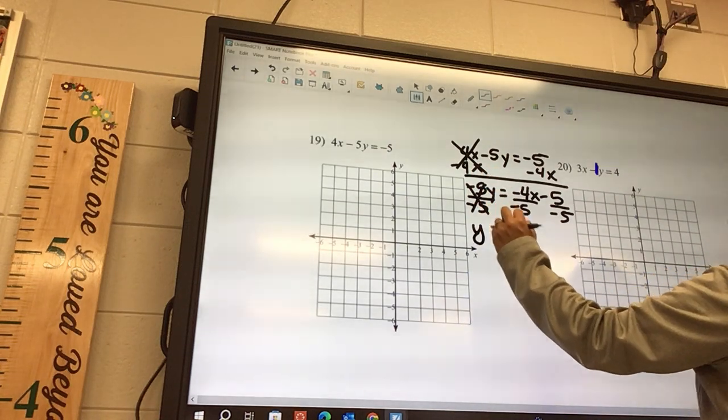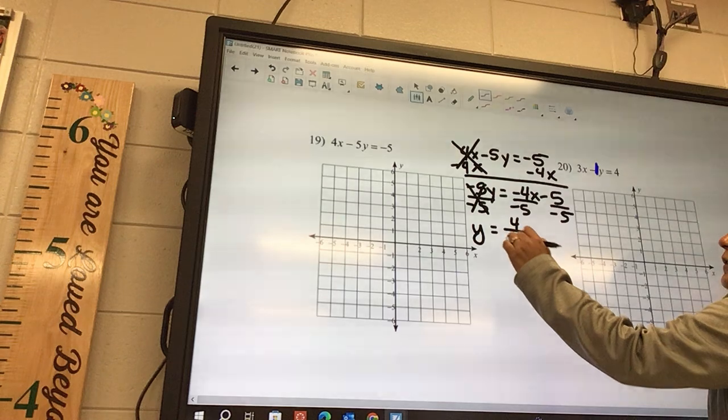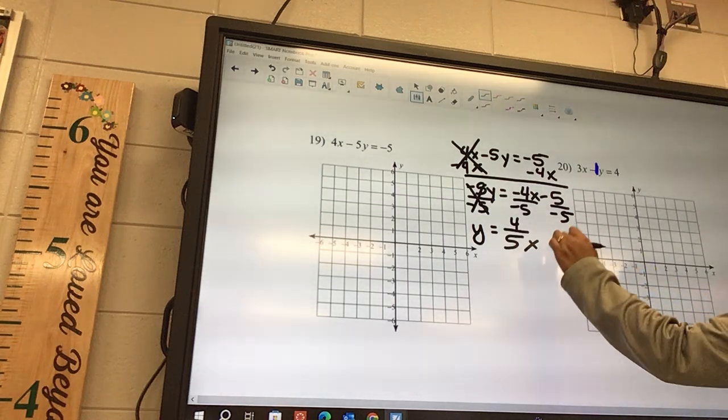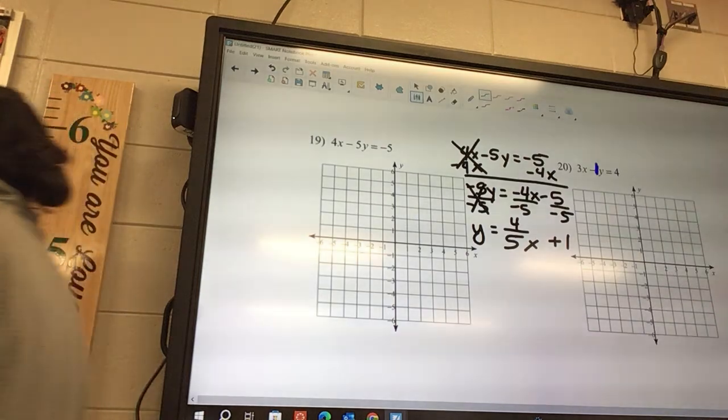Okay, so I'm going to get y equals, what is -4 over -5? So positive 4 over 5x. -5 over -5 is a positive 1. Okay, and so now this is ready to be graphed.